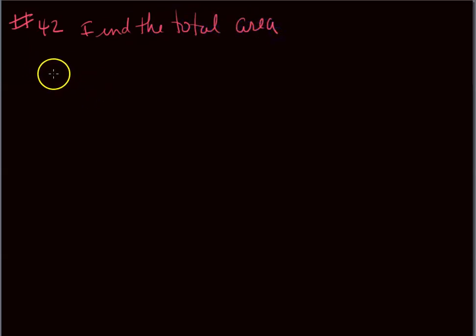Number 42. We want to find the total area. We're given the function y is equal to x to the 1/3 minus x.